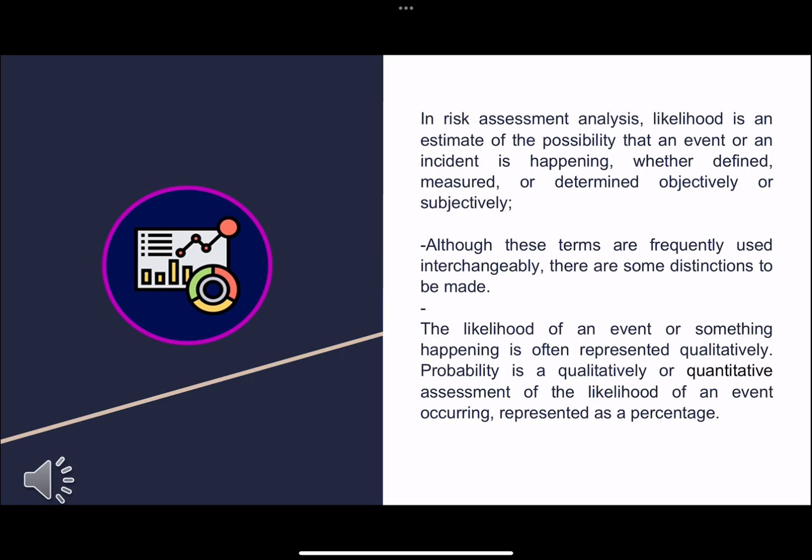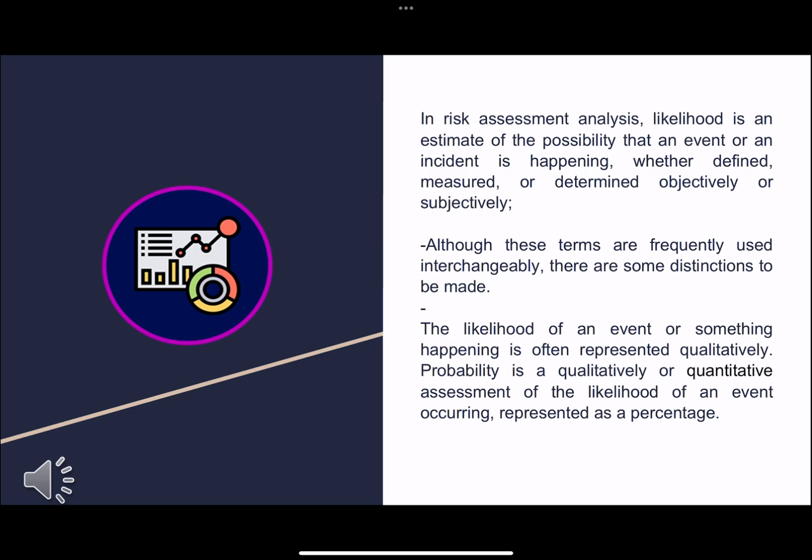In risk assessment analysis, the likelihood is an estimate of the possibility that an event or an incident is happening, whether defined, measured, or determined, objectively or subjectively. Therefore, it is typically referred to as probability, although these terms are frequently used interchangeably. There are some distinctions to be made.